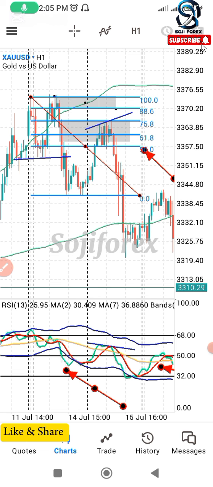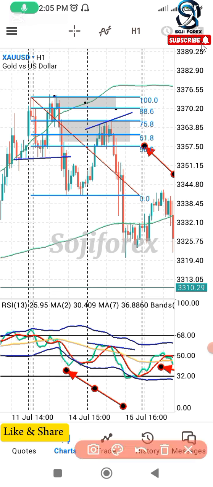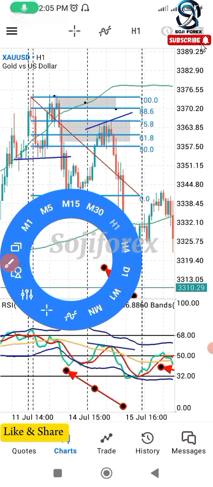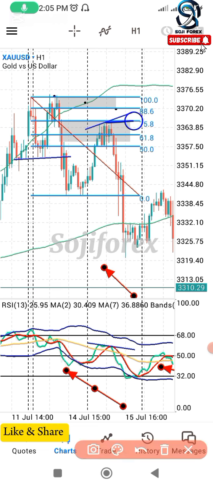And now that we have this divergence and then we have this candlestick pattern, you can see that hammer we are having inside there, you will now go in with your sell. Which means you will sell here. After the close of this candle, you sell.